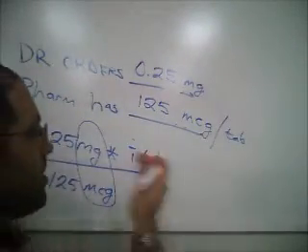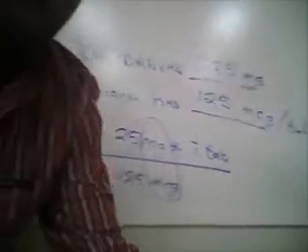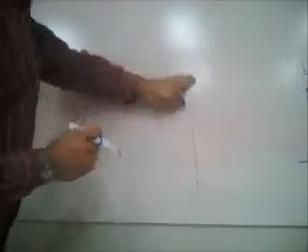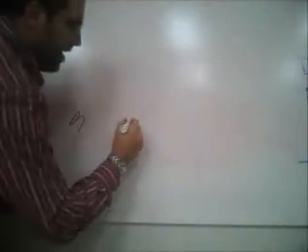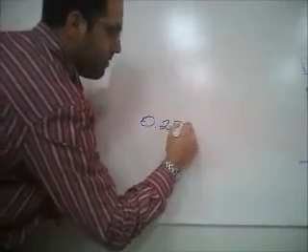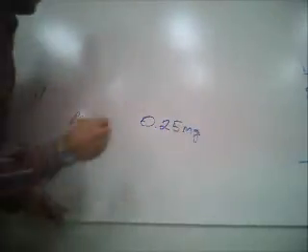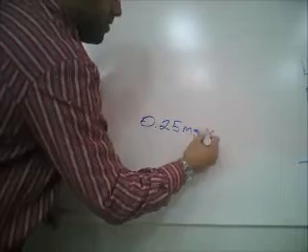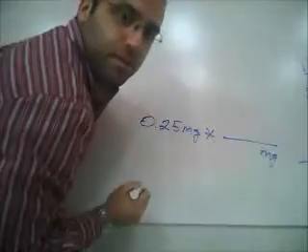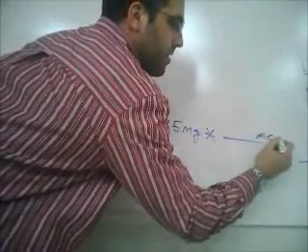And I'm going to bring this over here. Take that same problem, and we want to convert 0.25 milligrams into micrograms. So we're going to put the milligrams on the bottom and the micrograms on the top.